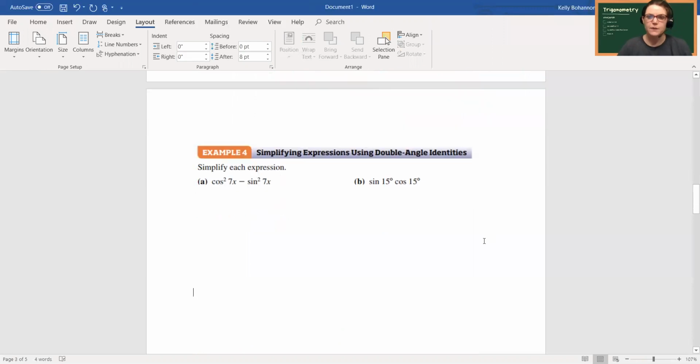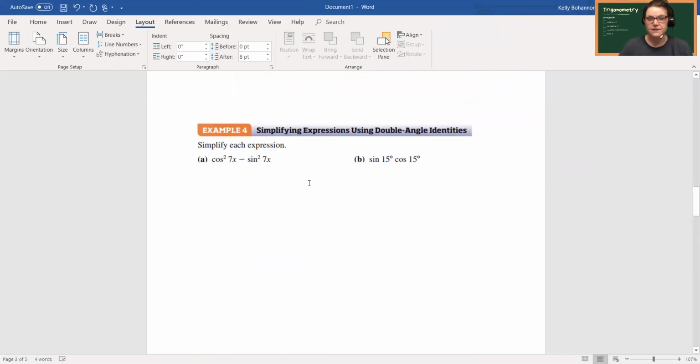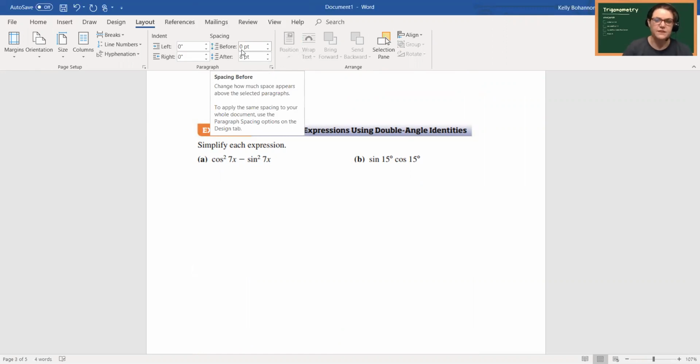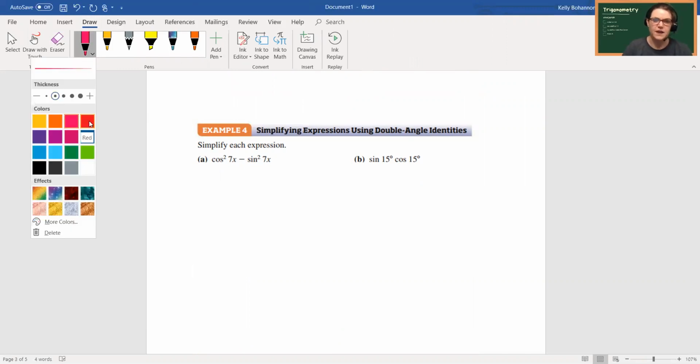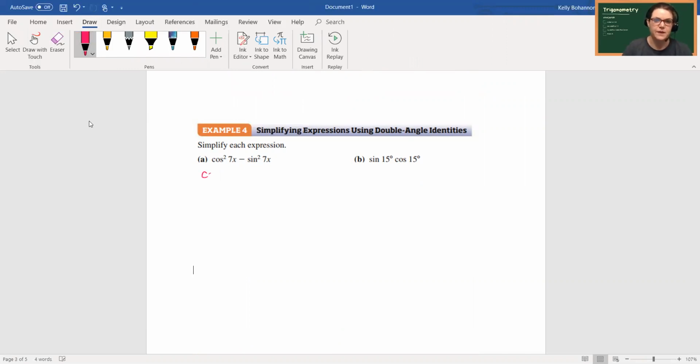All right, so now we're going to use our double angle identities to simplify the expression. If you look at this, it looks like one of our identities. Up at the top, I hope you have your identities listed there. The identity is cosine 2 theta equals cosine squared theta minus sine squared theta. So that looks like this, right?